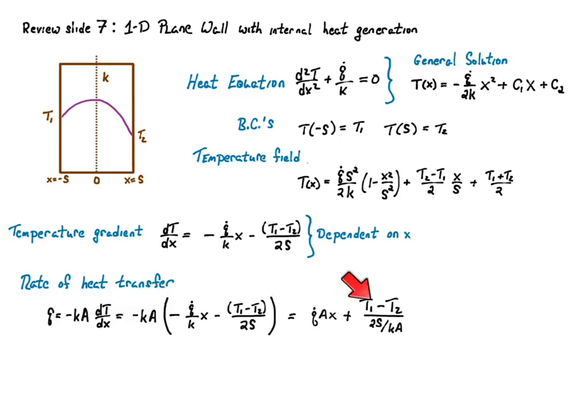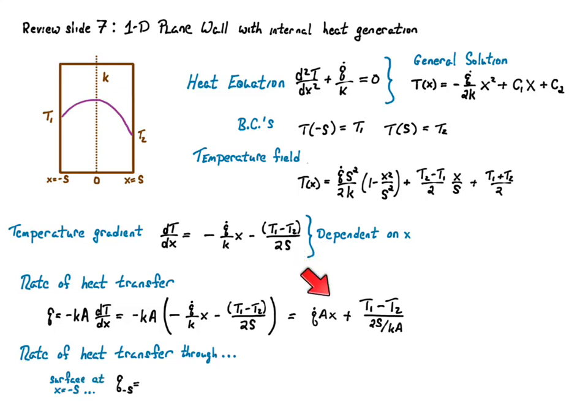We come out to this rather simple expression, and we can now apply it to determine the rate of heat transfer through both the left-hand wall and the right-hand wall. We do this by substituting in for the one variable here, x, either a value of minus x or a value of positive x.